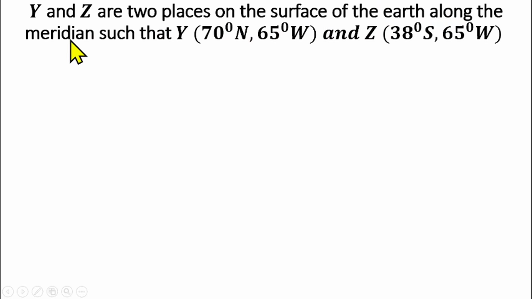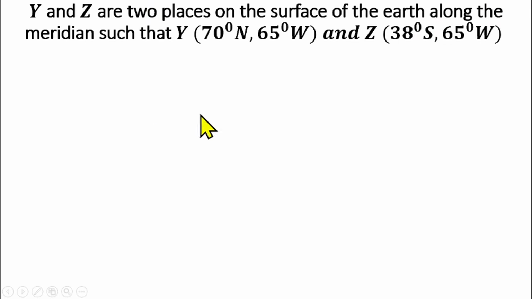Along this meridian. So what do we mean by meridian? We know that meridian means longitude, and if you have to find the distance between point Y and point Z, how do we find it? Am I going to find it along a great circle or along a small circle? We are going to find it along that meridian, which is 65 degrees west that they have in common.